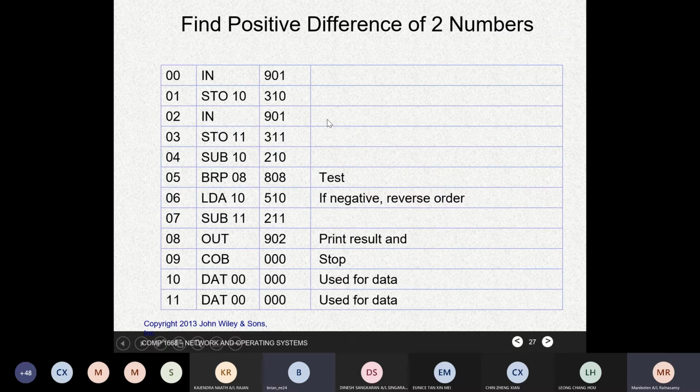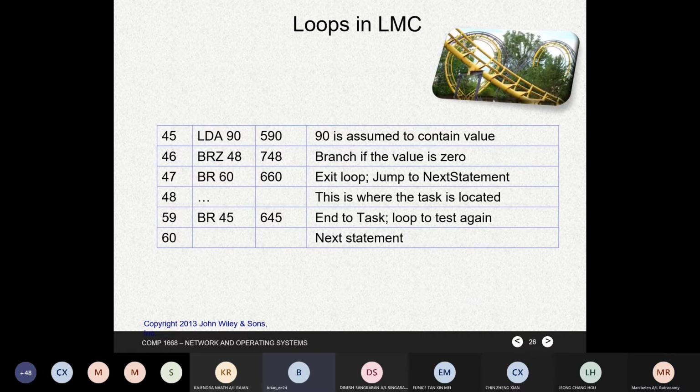Sir, in this LMC, does it have a table? What do you mean by table? Does it have a table so I can understand what LDA 90 is? Oh, okay.